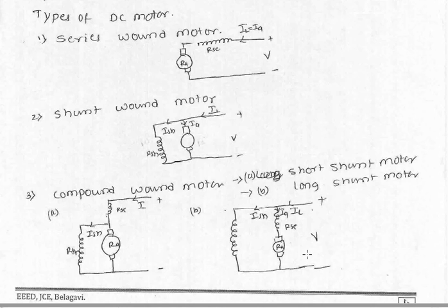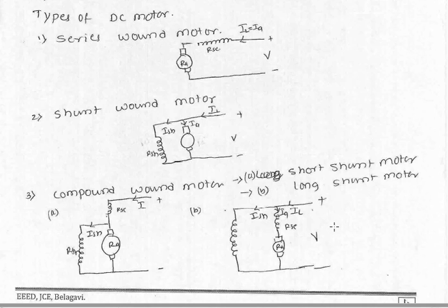The next one is the long shunt motor. In case of a long shunt motor, a part of the field winding is connected in series with the armature winding, and this combination is connected in parallel with the field winding. This combination is connected across the DC supply.